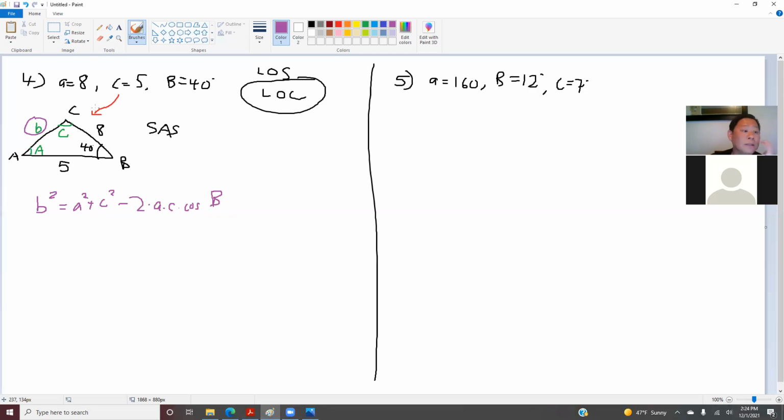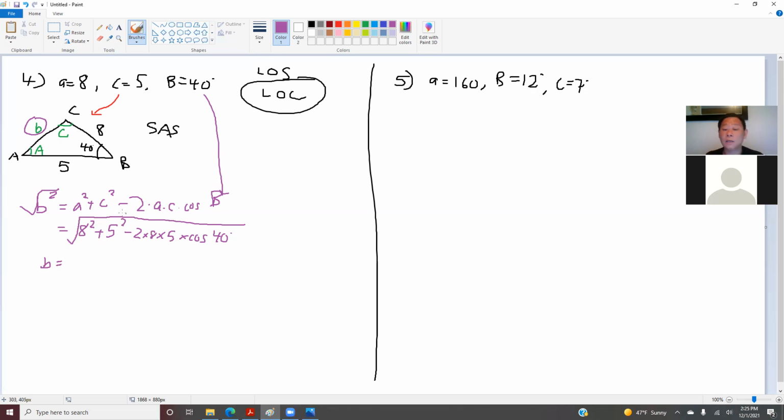So what you do here is we know a, we know c, we know the angle B. You just plug it into this formula. So it will be 8 squared plus 5 squared minus 2 times 8 times 5 times cosine 40 degrees. And because you have the square, you need to take the square root of this and you get your answer.